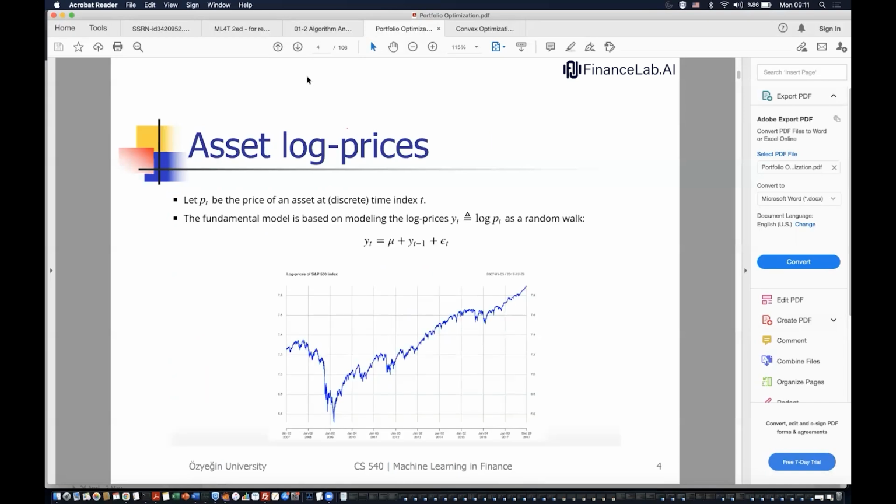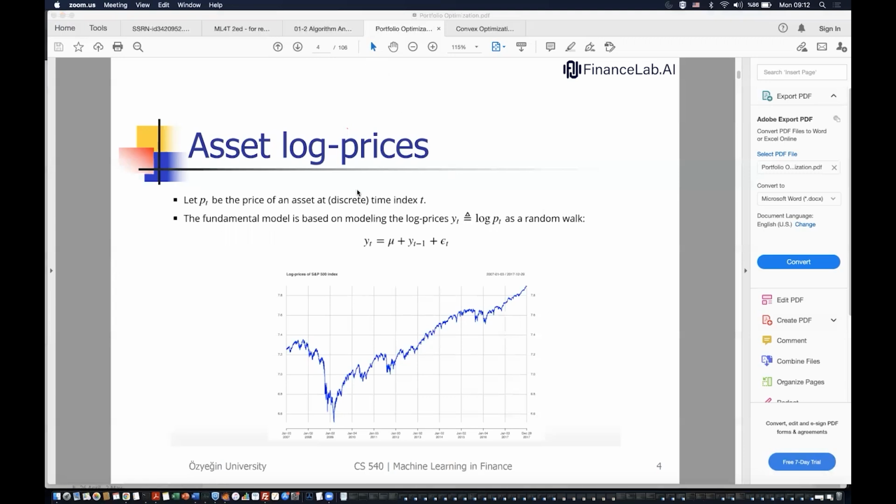So if we look at some primer on financial data, in the financial domain, log prices rather than the prices themselves kind of model a random walk. This is one of the assumptions. Let P_t be the price of the asset at time t, and let y_t be log P_t, so the logarithmic value of the asset price.